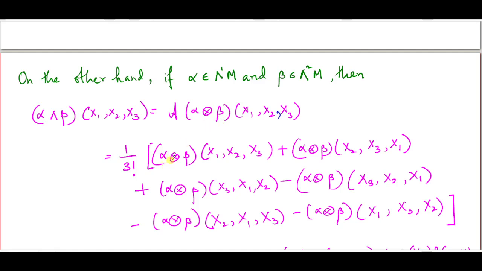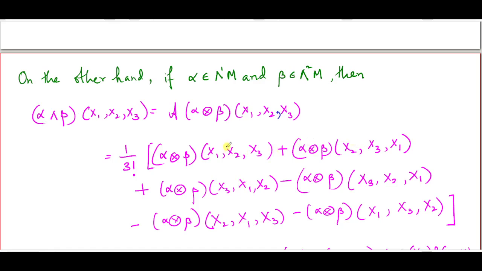And what you do is you feed the same alpha tensor product beta with these arguments, but not only these, but all possible permutations of this. All the 6 possible permutations, x1, x2, x3, x2, x3, x1, x3, x1, x2. These are actually even permutations.